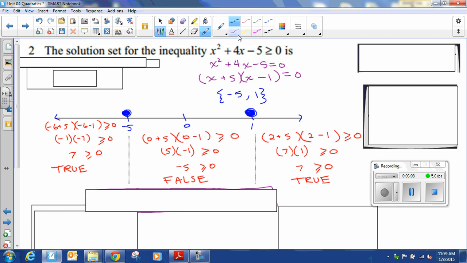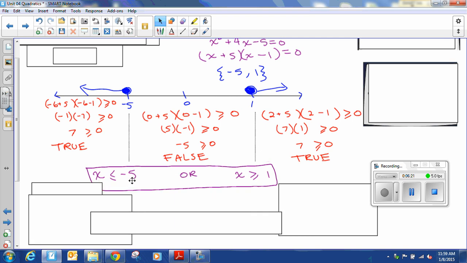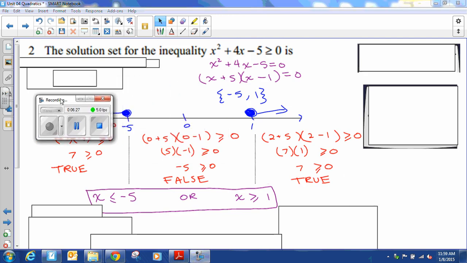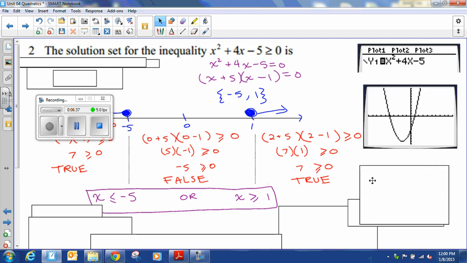So we're going to graph this disjunction, and our compound inequality is x is less than or equal to negative 5, or x is greater than or equal to 1. Now this is the part I was talking about: you want to plug it in as an equation, x squared plus 4x minus 5, and graph the parabola.